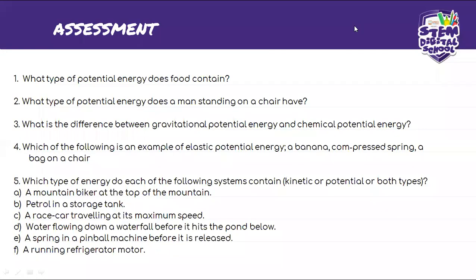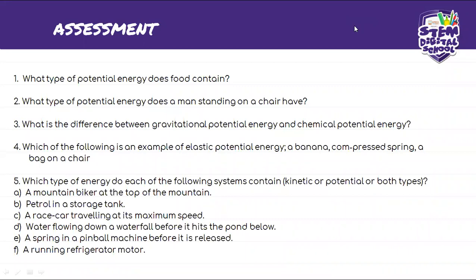So what about a running refrigerator motor? I've not seen someone doing that. What is it? That's F. A spring in a pinball machine before it is released. What is that? Water flowing down a waterfall before it hits the pond below.